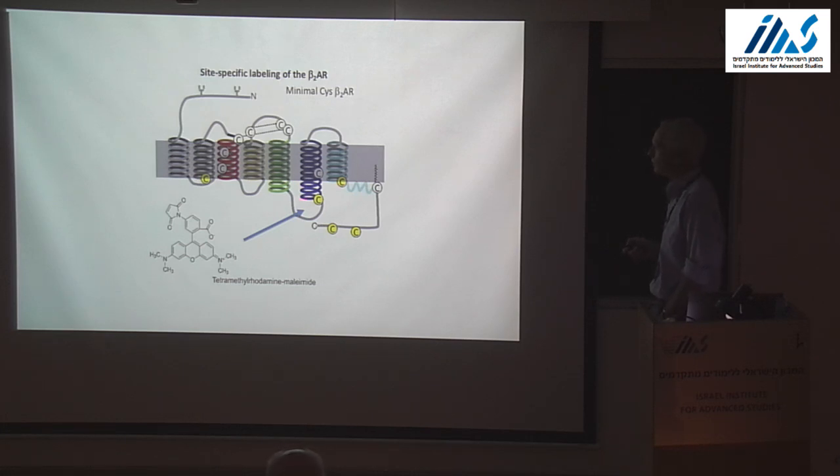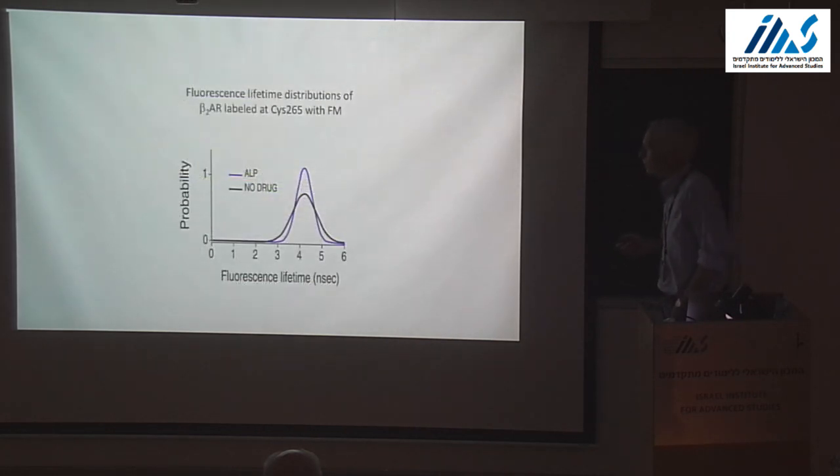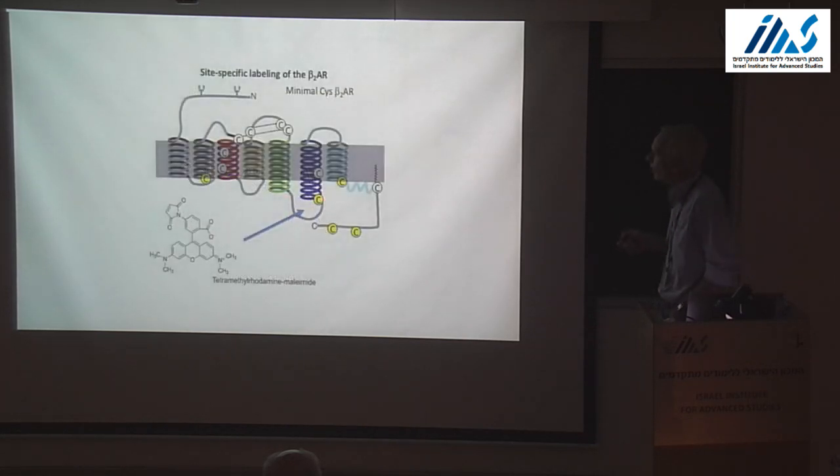So we were, again, very lucky, and we started to be able to see structural changes in terms of changes in the fluorescence properties. One of the properties that are most sensitive, so when you have a fluorophore, its chemical environment determines both its intensity, sometimes its wavelength, and its fluorescent lifetime. So after you excite it, how long it takes to decay.